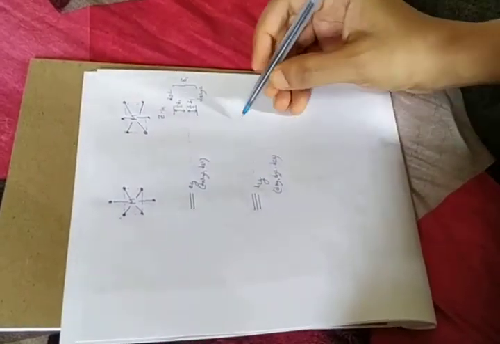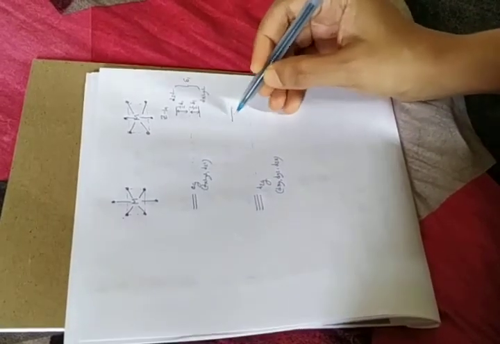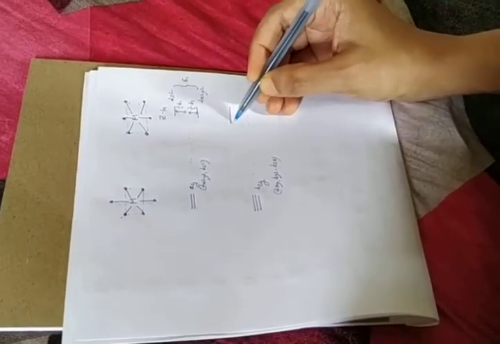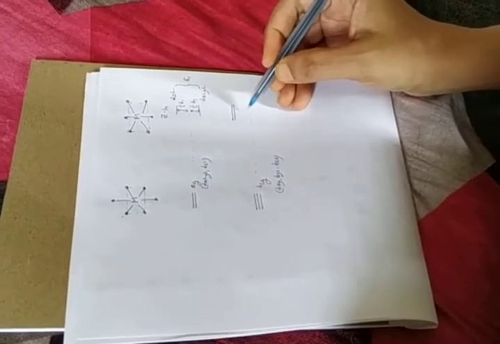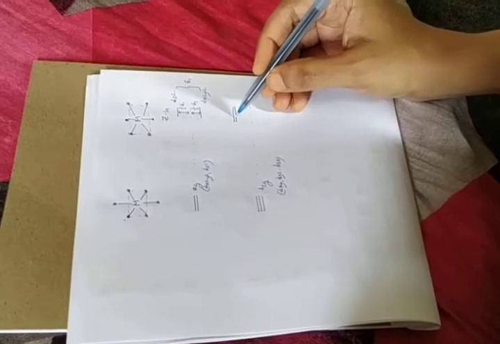For the t2g orbitals, what should happen? The splitting of the energy level will be like this.